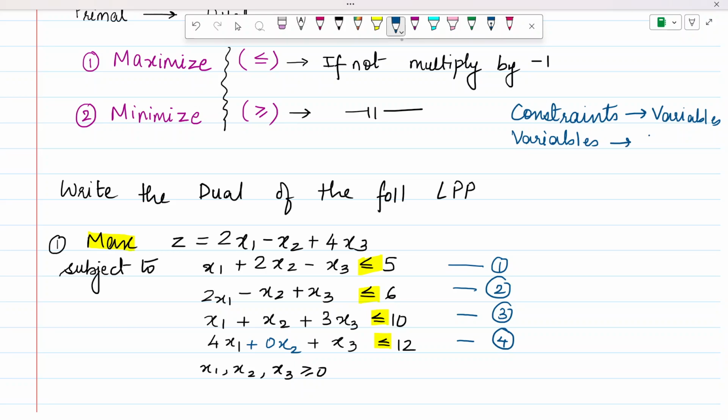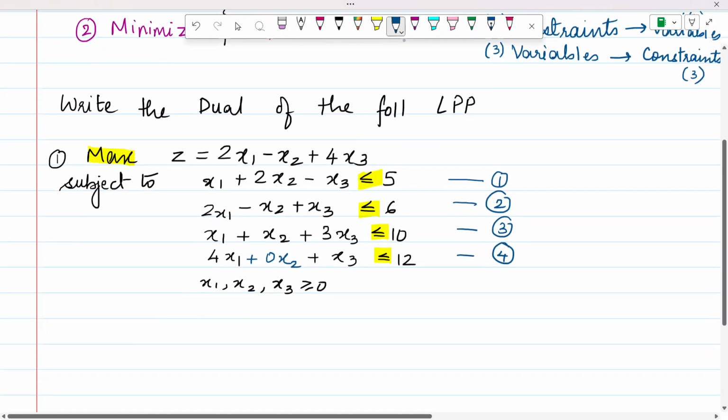Because the primal or the original question has four constraints, I'll have four variables in the dual. So this side we're talking about the dual and this side we're talking about the primal. Here, because I have three variables, I'll have three constraints in the dual. So that's how the calculation works.